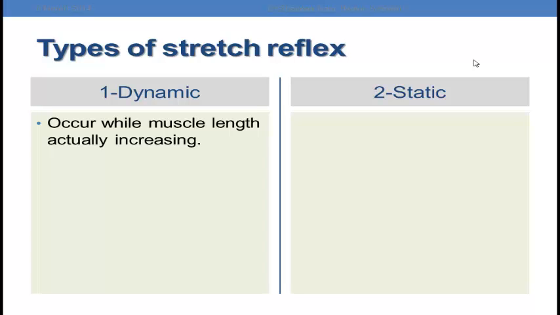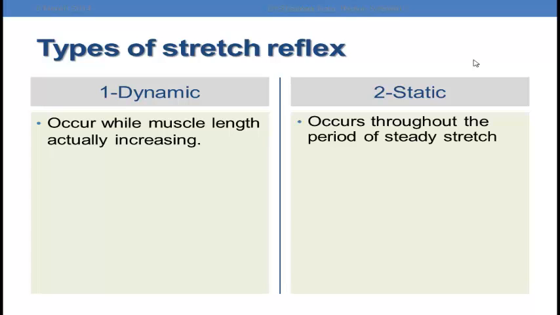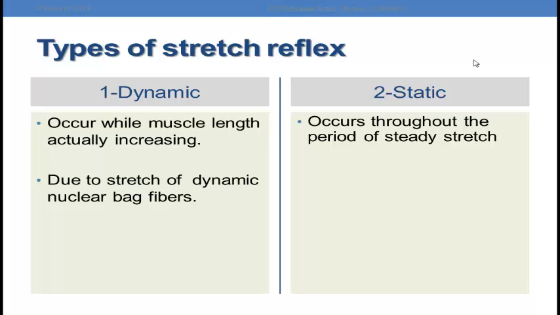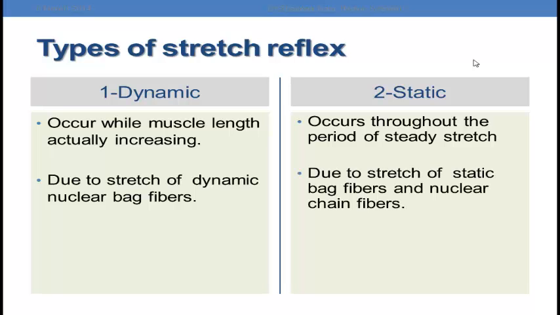Dynamic stretch reflex occurs while muscle length is actually increasing, but static stretch reflex occurs throughout the period of steady stretch. Dynamic stretch reflex is due to stretch of dynamic nuclear bag fibers, while static stretch reflex is due to stretch of static bag fibers and nuclear chain fibers.